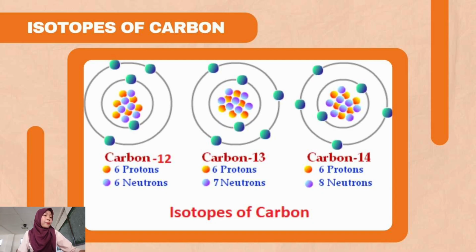You can see that these elements have 6 protons, and the only difference between these 3 is the neutrons. Carbon-12 and carbon-13 are the stable isotopes, while carbon-14 is unstable, which means it's decaying.